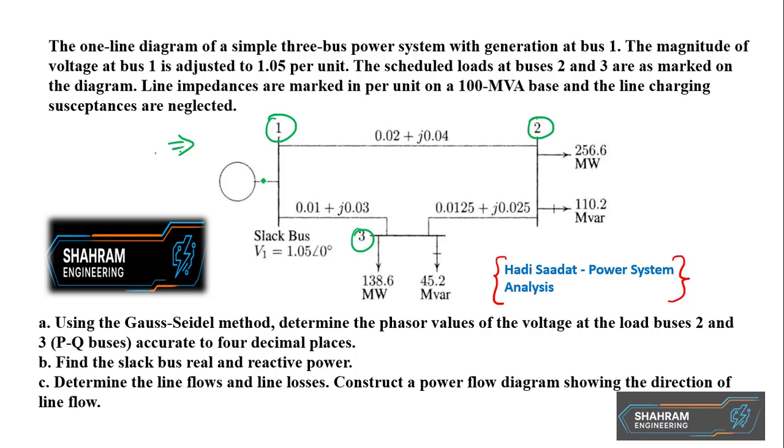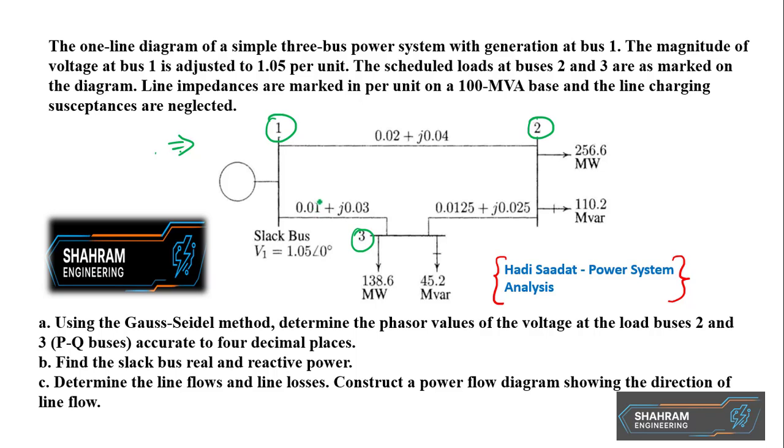The aim for today is just to compare the solution of this bus system with the software ETAP, and then later on in other videos I'll be creating a series based on calculations, theory and application of the concept.